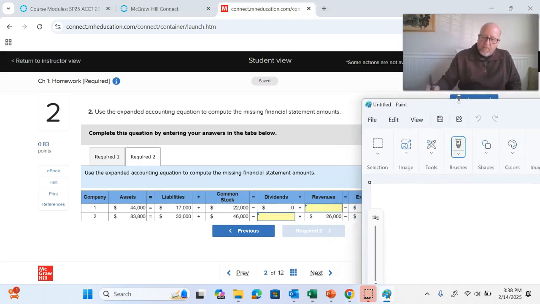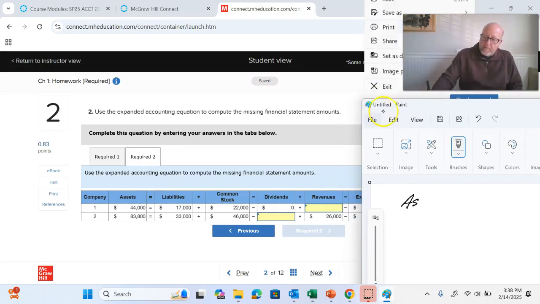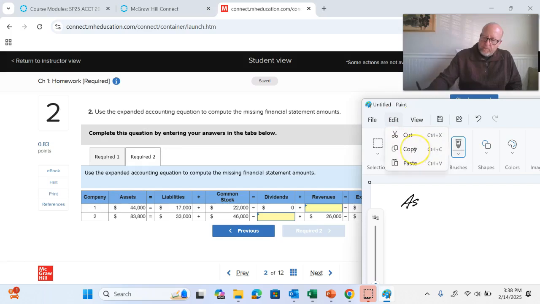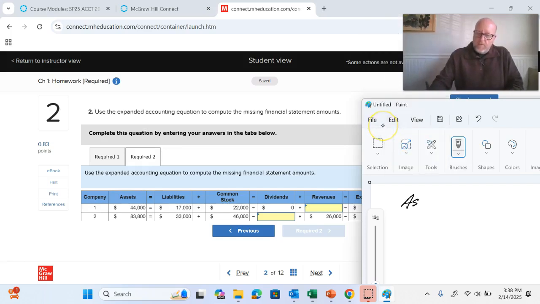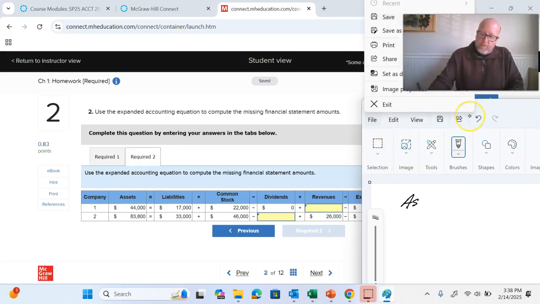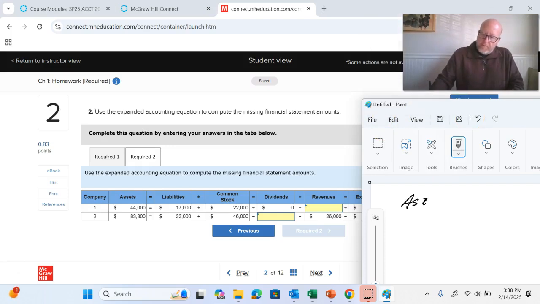And so I know that assets, maybe I'll just abbreviate. Bear with me. Assets equal liability plus equity. And then I know equity has 2 buckets, capital and retained earnings.